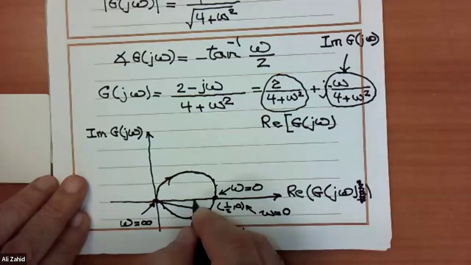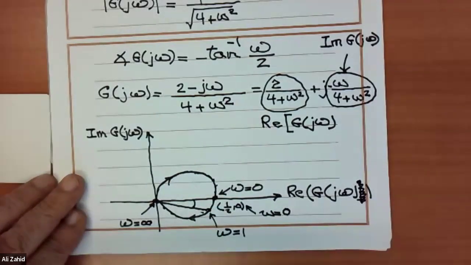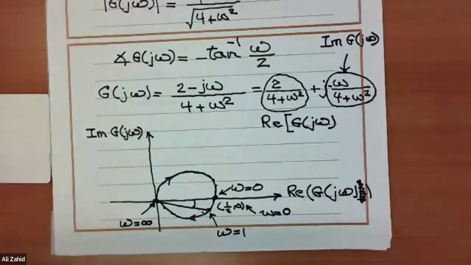What is this angle here? Minus the inverse tangent of 1/2. Get your calculator and see what tan inverse of 1/2 is and multiply it. This is the base. Did you get it?